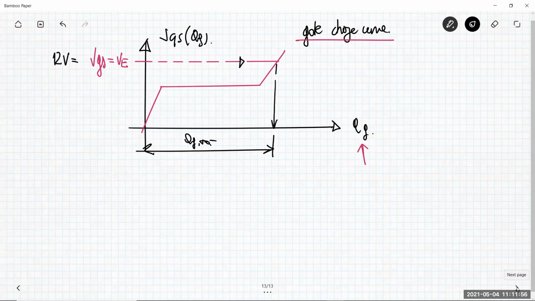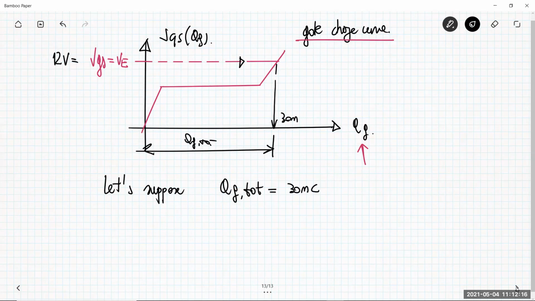This graph is described in the datasheet by the manufacturers of the MOSFET. Let's suppose that for the transistor I'm considering for my circuit, QG total is, I don't know, 30 nanocoulomb.